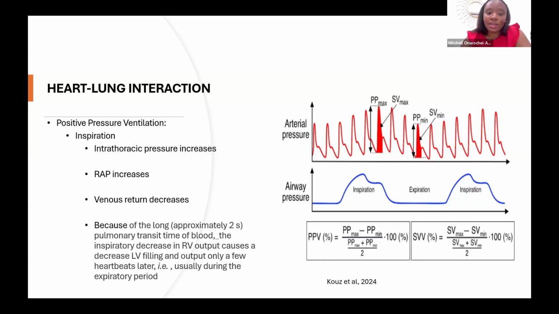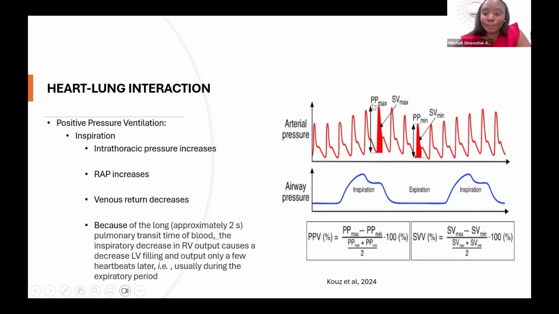However, there is a fairly long pulmonary transit time of blood, right? So it takes a while for the blood to go from the right side of your heart, through your pulmonary vasculature, and then into the left side of your heart. So as the venous return is decreasing on the right side, you don't immediately notice it on the left side until during expiration, which is, again, because of your pulmonary transit time of blood.